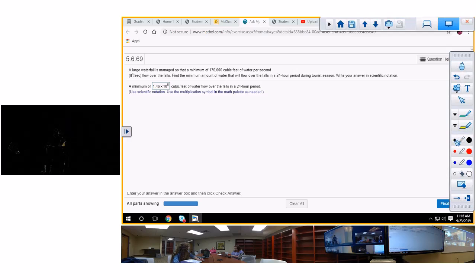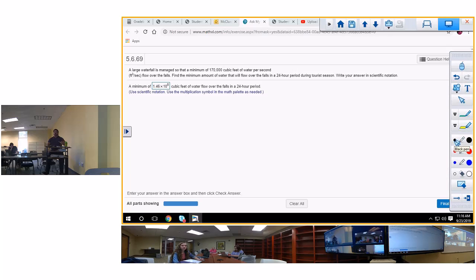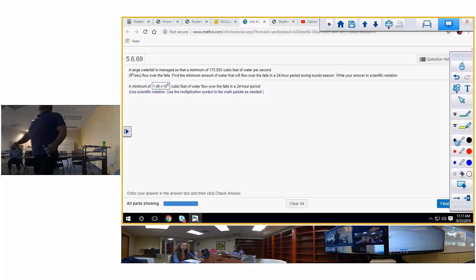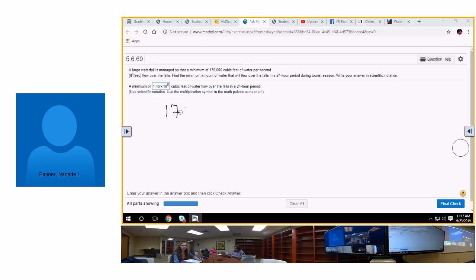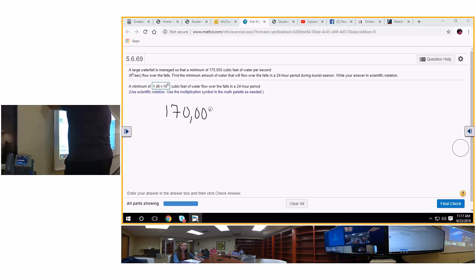Remember, we went over that. So that'll be 170,000 cubic feet per 1 second.